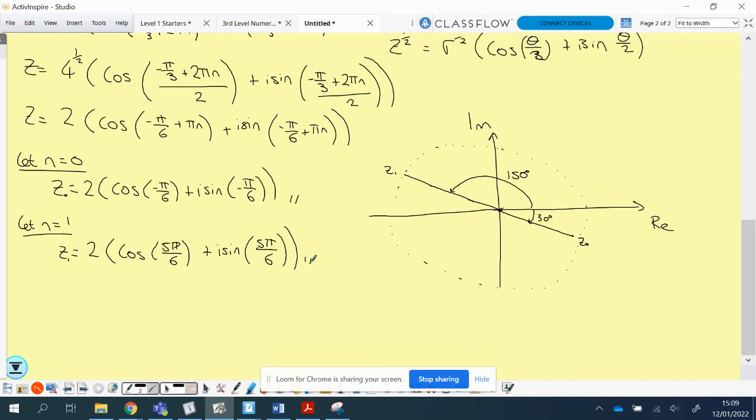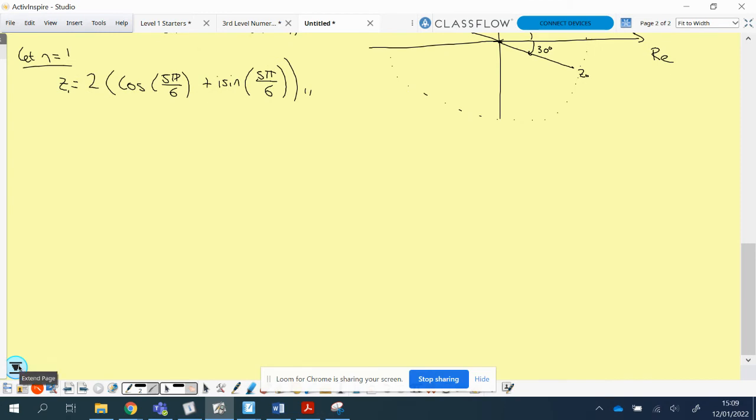Okay, so let's just give ourselves a bit more space. So we're going to look at example 2. Solve the equation z to the power 3 equals 4 plus 4 root 3i.